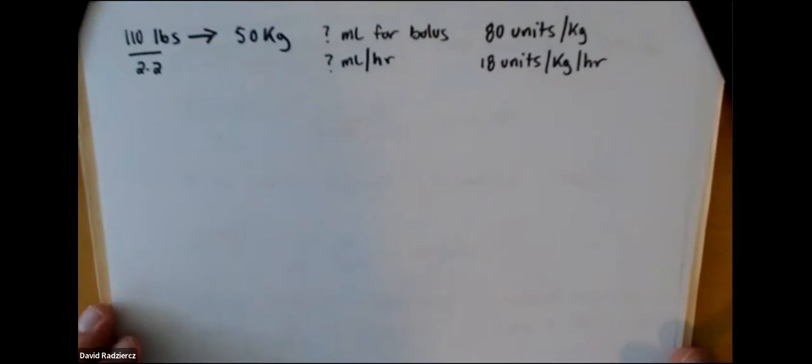All right, so any questions on where I got those numbers from? You may not know what to do with these numbers yet, but I just want you to at least know where those numbers are coming from.